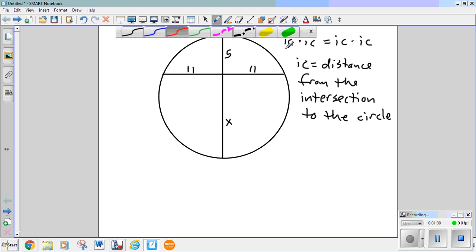The first IC is on one segment from the intersection to the circle. That will be 5.